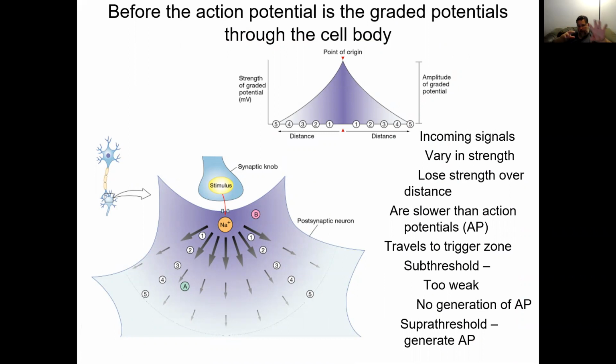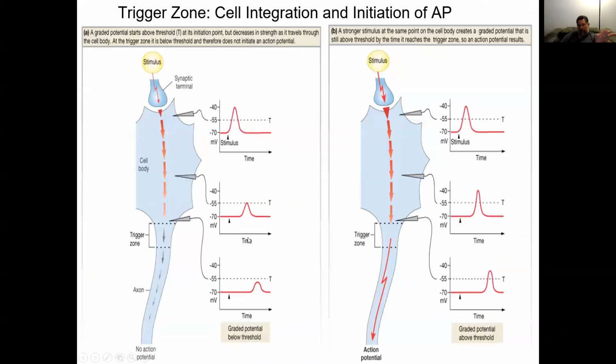So draw a little diagram of what's happening in this picture. Add this diagram and explain what's happening. It doesn't have to be perfect, but after you give your summary, explain what a graded potential is, get into what the trigger zone's doing, and so forth.